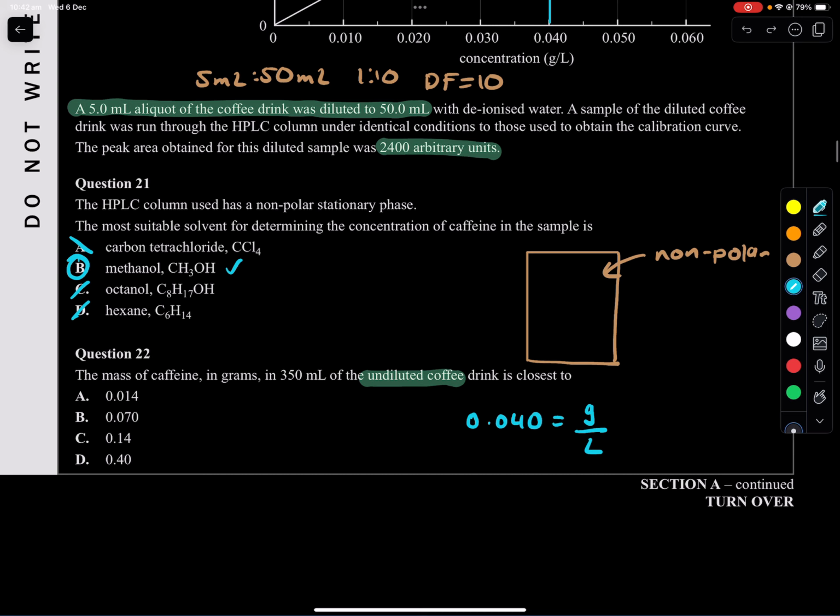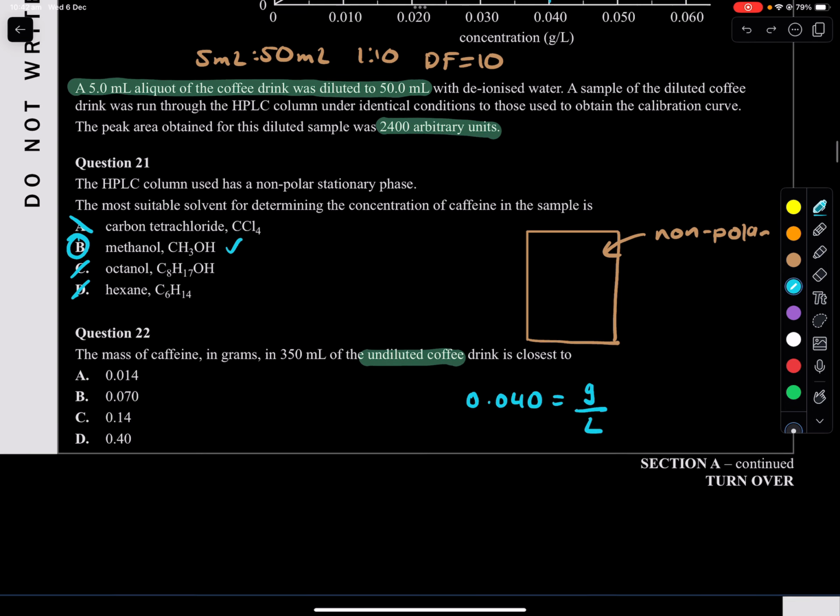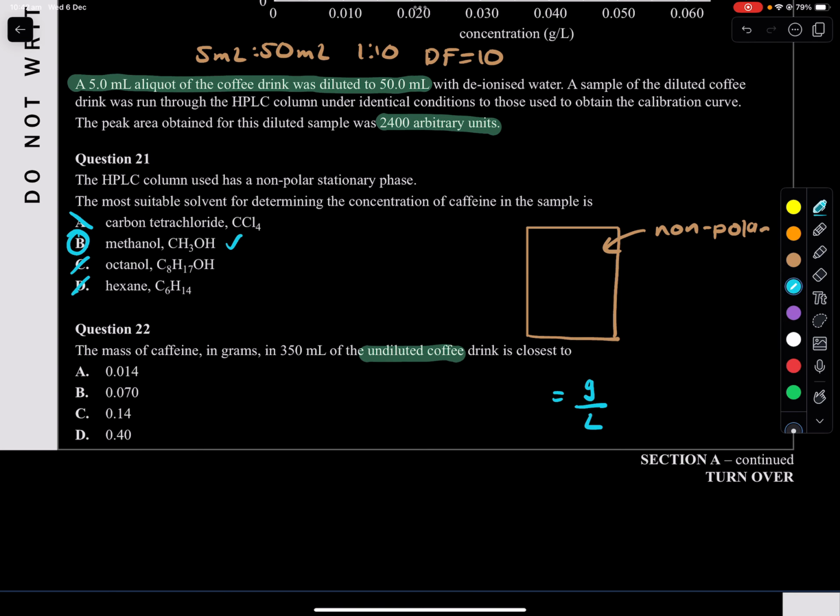But remember, because we have a dilution factor, we're going to multiply this whole thing by the dilution factor. Because this is the diluted concentration. We want the undiluted coffee. So 0.040 times that 10. Hence, we get 0.4. So we just want to get the mass, so the grams. And we just need to convert this to liters and then multiply by 0.4 and we get the grams. So what's 0.4 times 350 times 10 to the negative 3? 0.41. So C is your answer for that one.